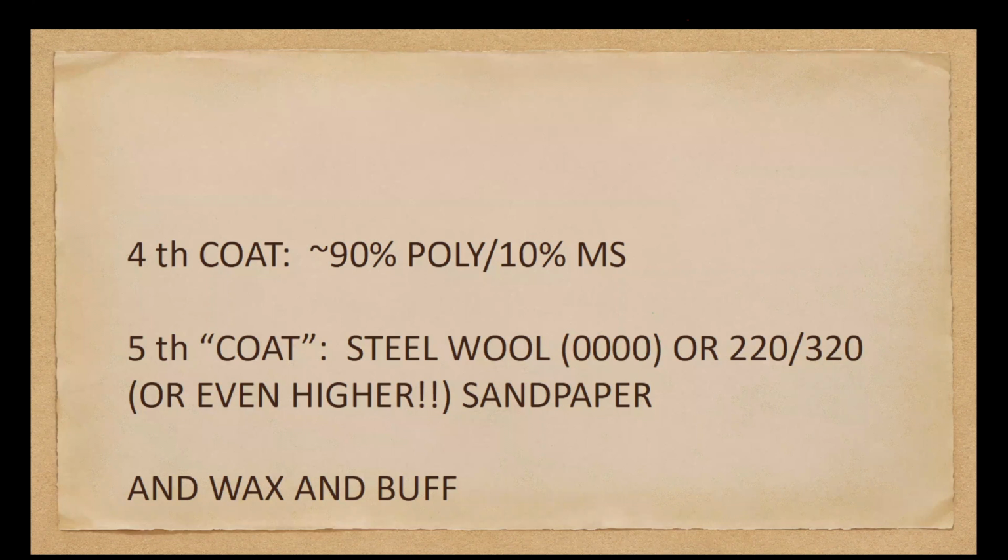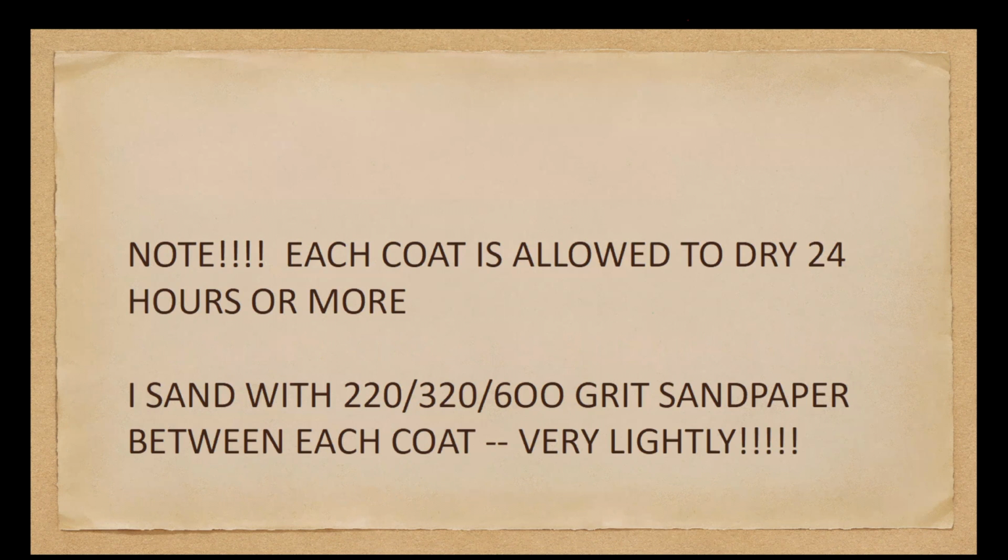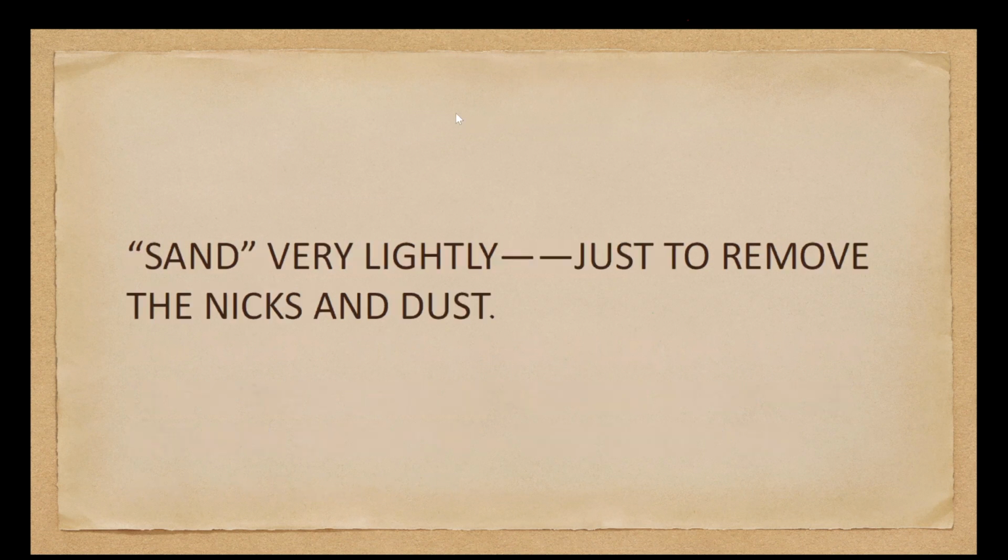Another option is to use 220 or 300, 320 or even higher sandpaper, but I wax and buff the finish. And in fact, after allowing each coat to dry for 24 hours, I also very, very gently, very lightly will sand with 220, 320, 600 grit sandpaper just to remove the nibs and nicks and dust and the grain that has been raised.